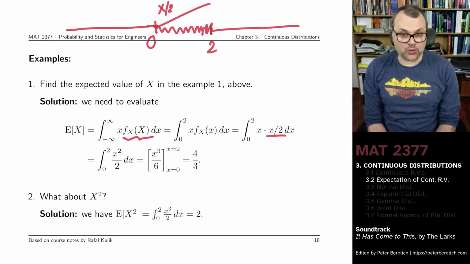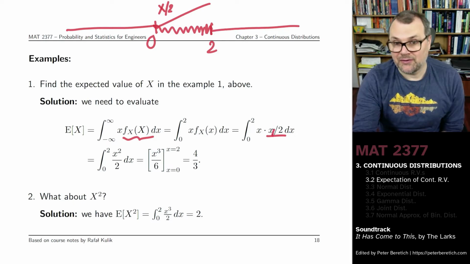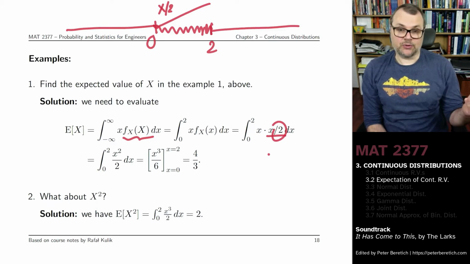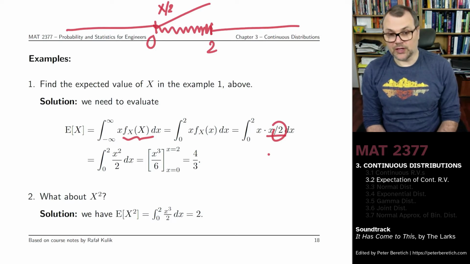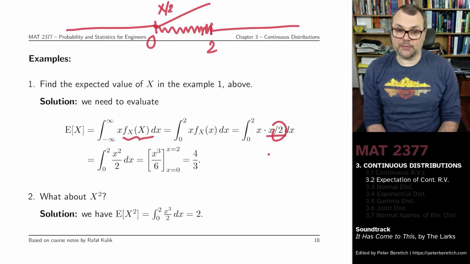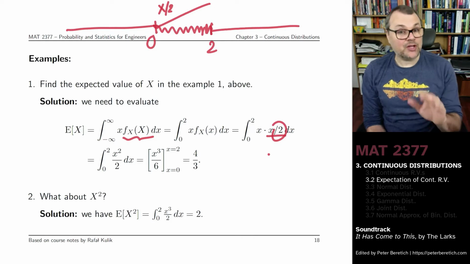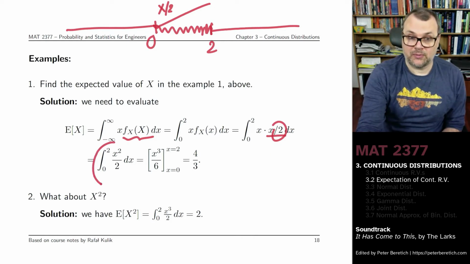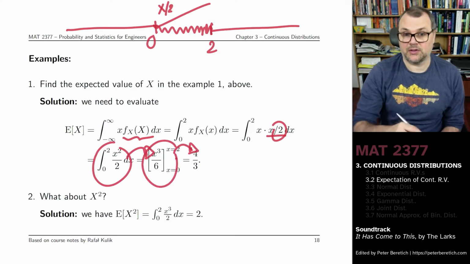You're dividing by 2 because that's part of the definition of the PDF. And so you have x cubed over 6, which you evaluate between x equals 2, the upper limit, and x equals 0, the lower limit. And if you work it out, you'll get 4 over 3, 4/3. Make sure you know or remember how to get from this to this and from this to this.